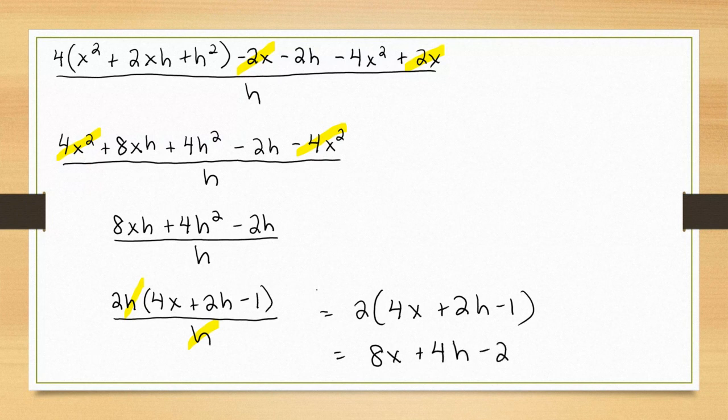It's up to you. Either one of those answers is correct for the difference quotient. Most people will end up multiplying that back out since the 2 didn't cancel and leave it as 8x plus 4h minus 2. And so that is the value of the difference quotient.